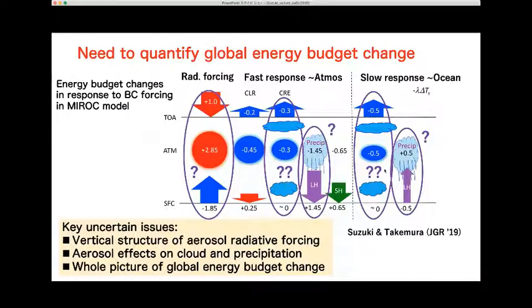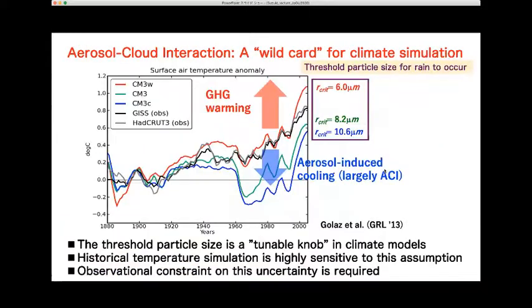There are a bunch of uncertainties in this picture, but one of the most uncertain and most important is the aerosol-induced change of clouds that I mentioned in the previous slides.